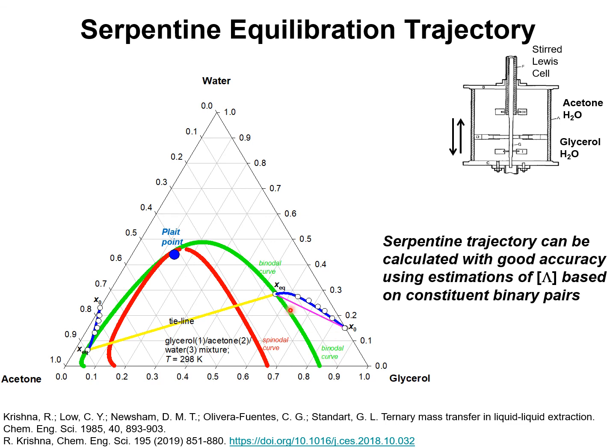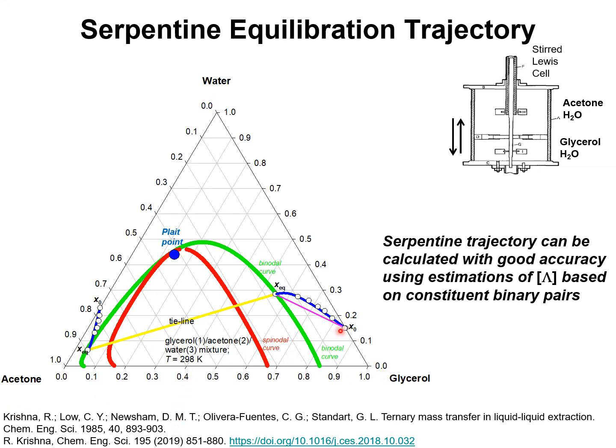The blue lines show the model calculations using data on the Maxwell-Stefan diffusivities and thermodynamic correction factors calculated from the NRTL parameters and information on the diffusivities of the corresponding binary pairs: acetone water, water glycerol, and acetone glycerol.